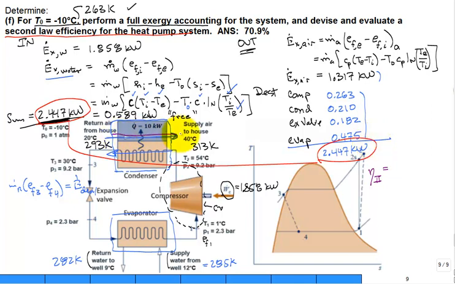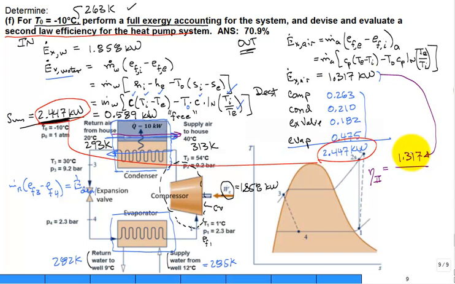So what was the magnitude of that? That was 1.317 kilowatts. That's what we wanted from the perspective of the second law. And then what did it cost?